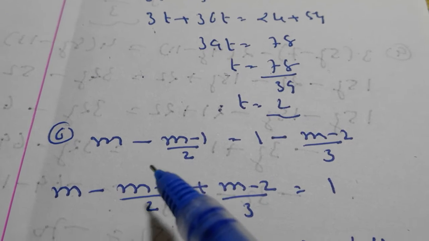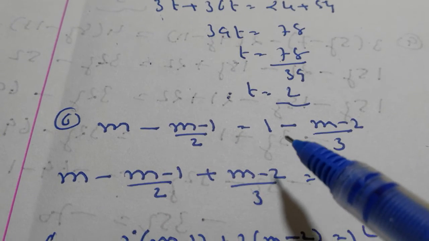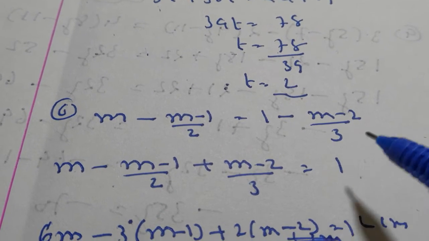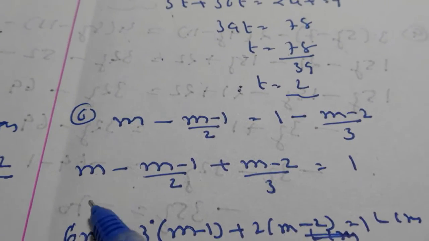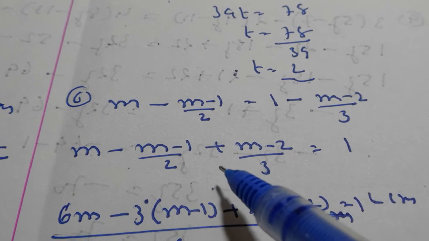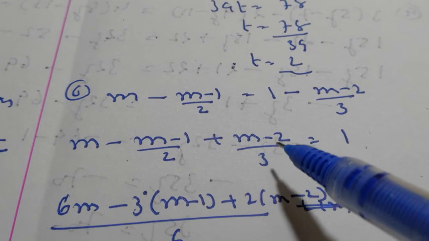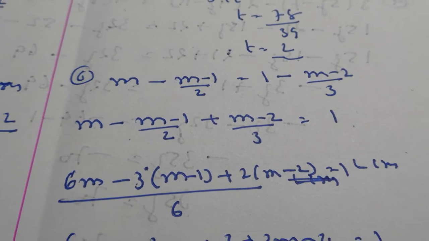Now, m minus 1 upon 2 is equal to 1 minus m minus 2 upon 3. So I am taking all the terms having m on the left hand side. So m minus 1 upon 2 plus m minus 2 upon 3 is equal to 1.